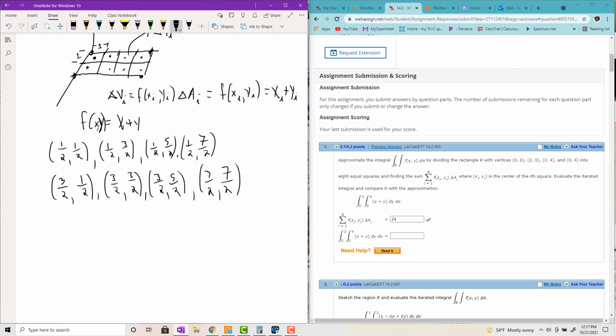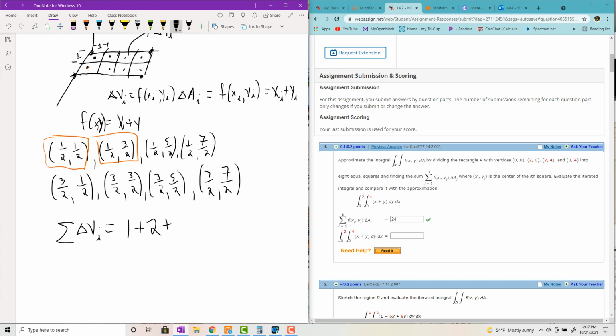Okay. So for our approximation, we're going to sum all of those up, and it'll just turn into the sum of the components. So for the first one, you go 1/2 plus 1/2, which is 1. Okay, so I basically just did this one. And then the next one, 1/2 plus 3/2 is 4/2, which is 2, and then so on, right?